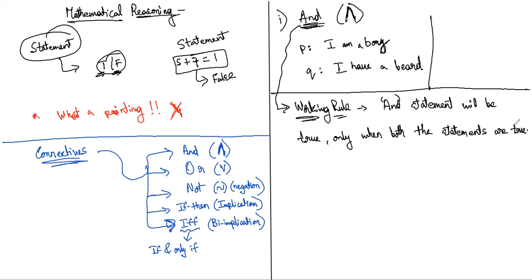So an and statement will be true only when both the involved statements are true, or all the involved statements are true. Example, if I have two statements P, Q.